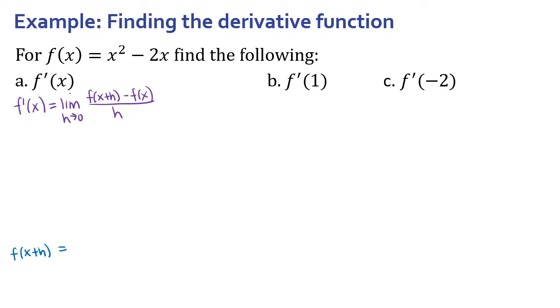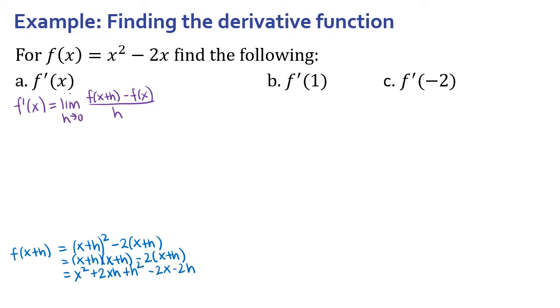So let's figure out what f(x+h) is. That's going to be (x+h)² - 2(x+h). So that gives us (x+h)(x+h) - 2(x+h). So we get x² + 2xh + h² - 2x - 2h.